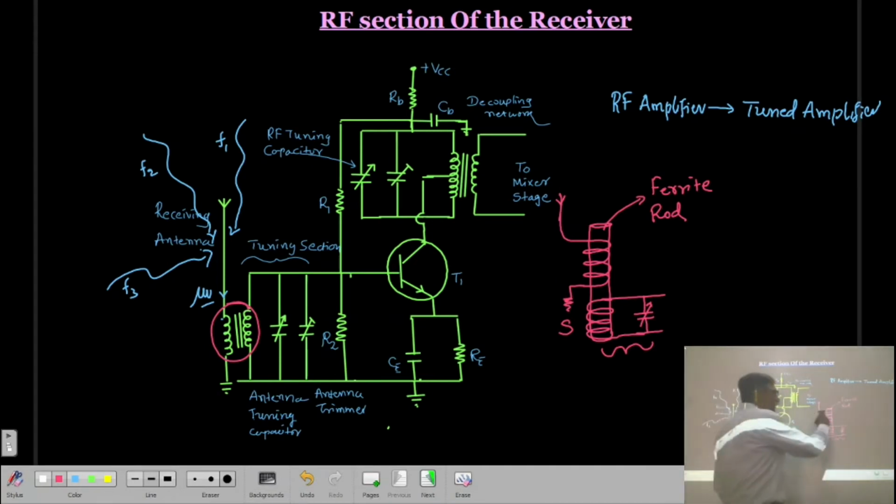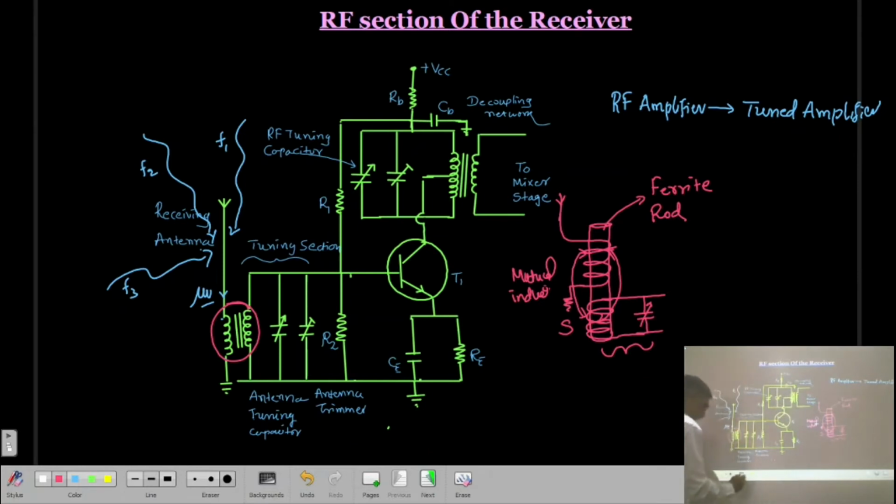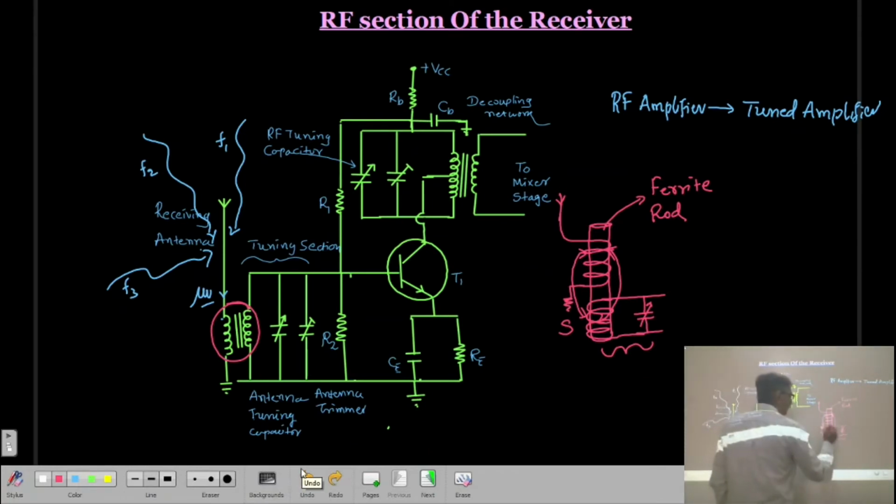So whenever current passes in the primary, then due to the mutual inductance between the primary and the secondary, the signal is induced in the secondary.